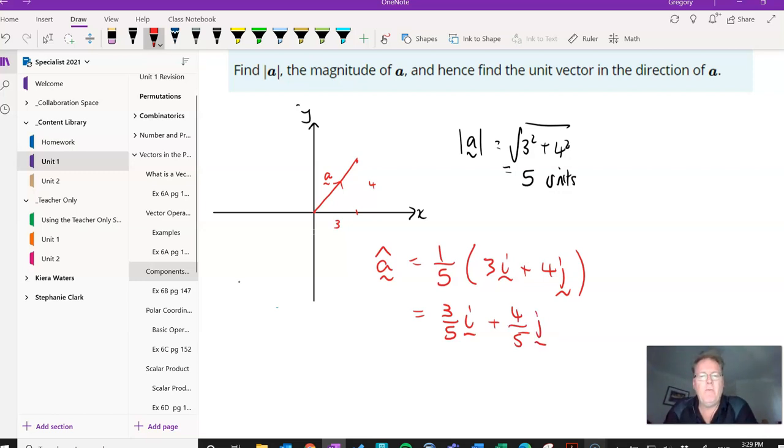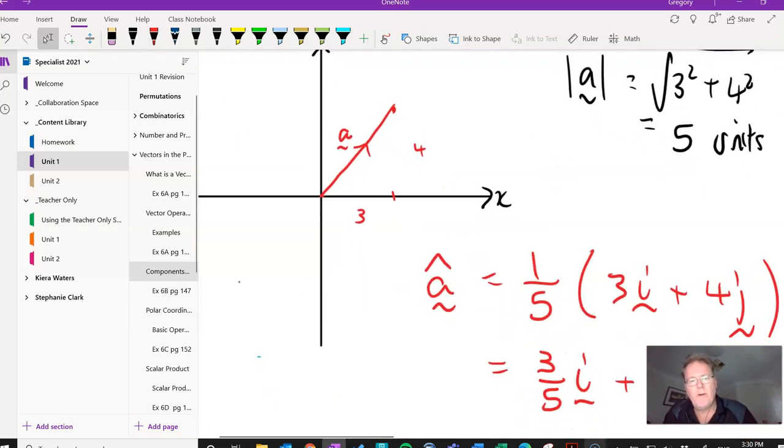And that would be my unit vector. And if I have 5 of these individual vectors, I would have my original vector back, and they're all going in that same direction. If I go 3/5 of a unit across and 4/5 of a unit up, that'd be my first unit vector there.